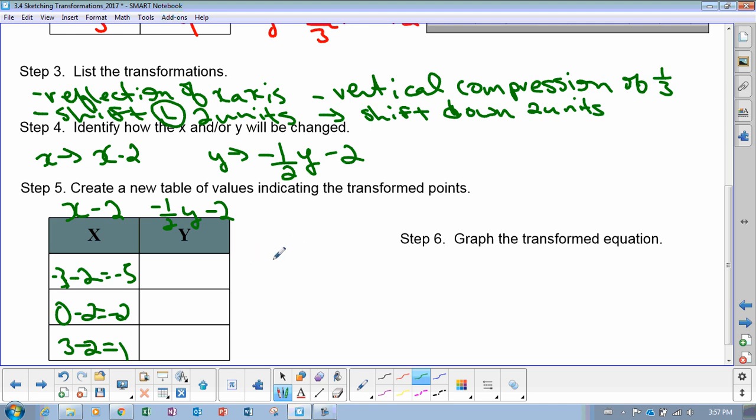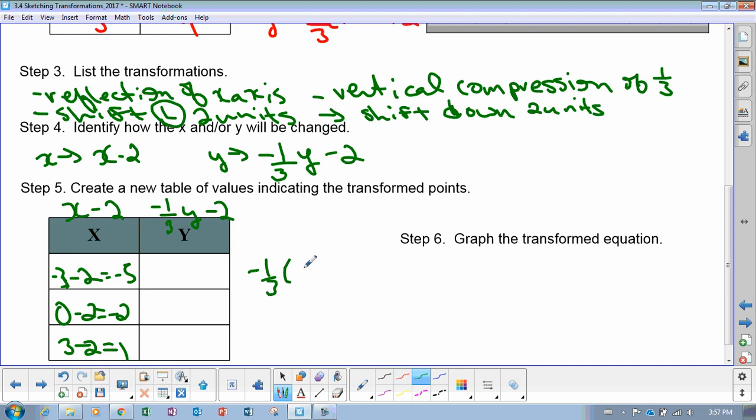All right, so the original y that we had, oh, I see another little mistake. So this should not be a half. It should be a third. That's why I picked the 9 in the first place. So I have negative 1 over 3 multiplied by 9, because I'm taking that original value.